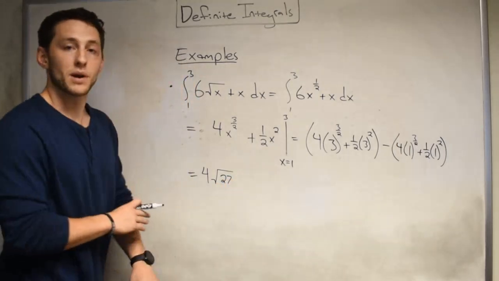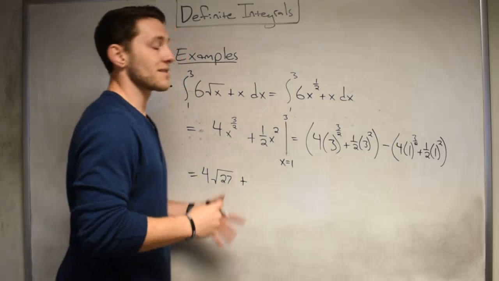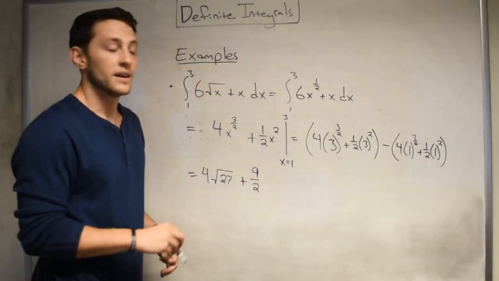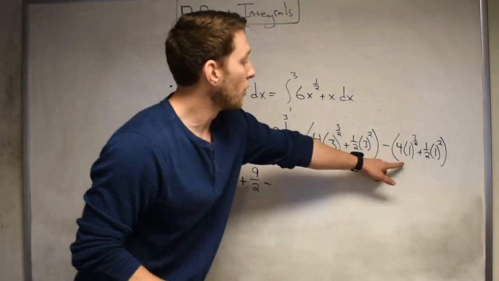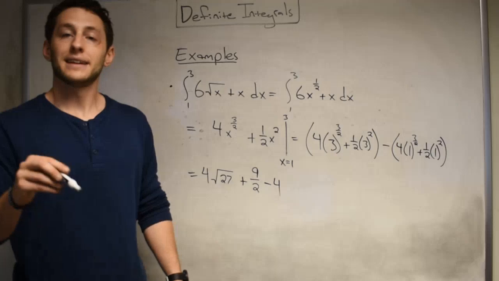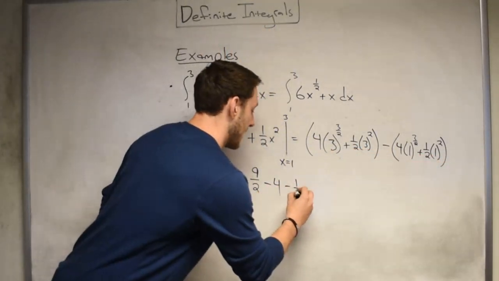So 4 times the square root of 27 plus 3 squared is 9 divided by 2. So 9/2 minus 4 times 1 to the 3/2 power is just 4. So minus 4. And yet again, this negative will distribute in, so we'll get minus 1/2.